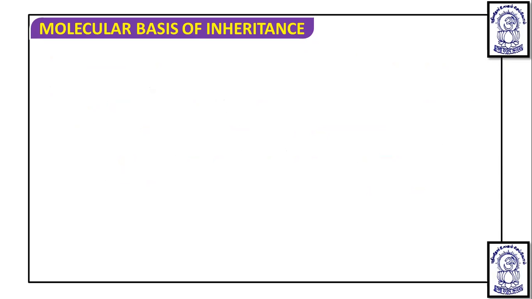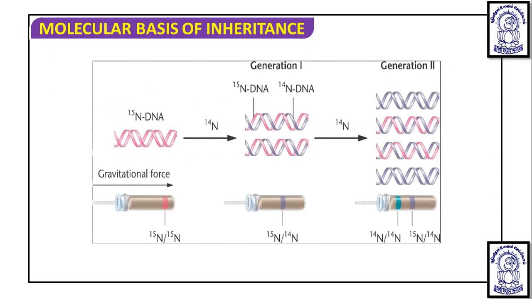If we look over the experiment, what they did: first they grew bacteria in a medium containing NH4Cl of the N15 type. Now when the bacteria grow and replicate their DNA, which has nitrogenous bases, both strands get labeled as N15.